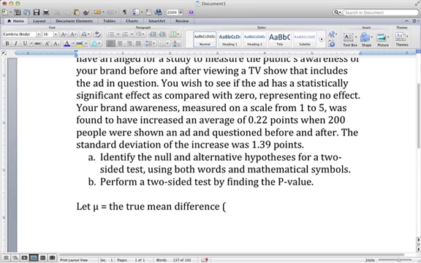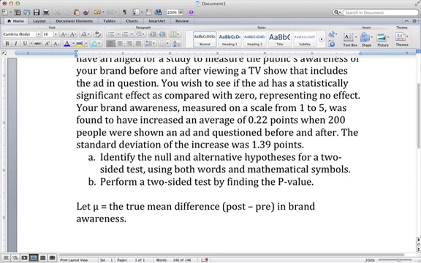And what do I mean by the difference? Post minus pre, so the true mean difference in brand awareness. So if I could do this to every person in the population, where I could measure their post score and their pre-score with the ad shown in the middle, and compute the mean of all those differences, then I would know mu.